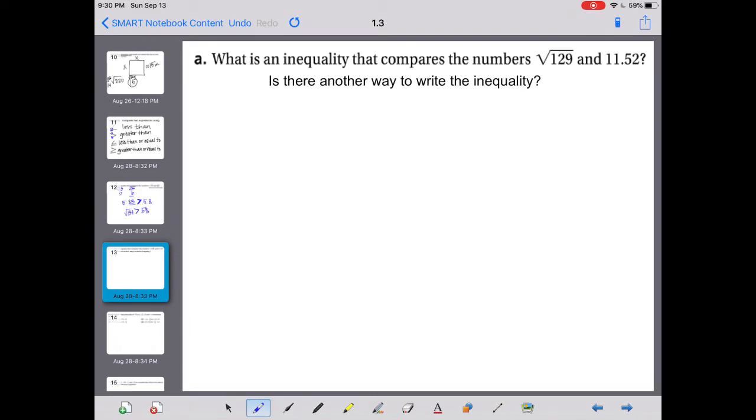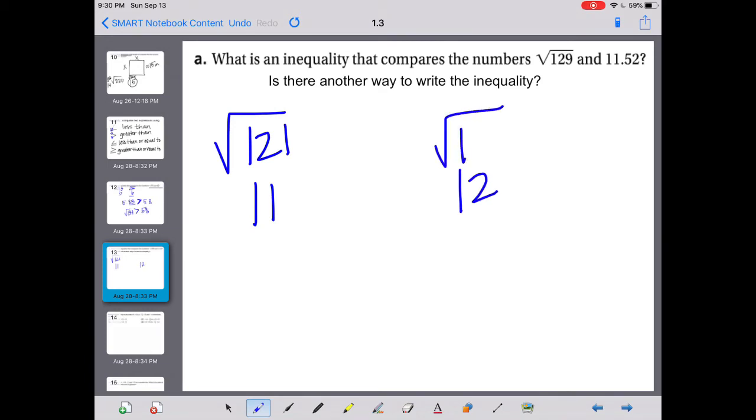Okay, same here. An inequality that compares the square root of 129 and 11.52. First, before we check anything on a calculator, we're going to try to figure out the approximate square root of 129. The square root of 121 is 11. And if we go all the way up to 12, that would be the square root of 144.